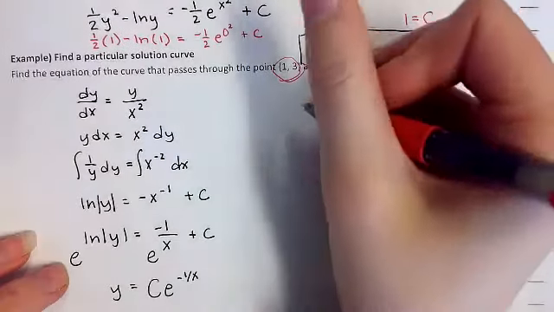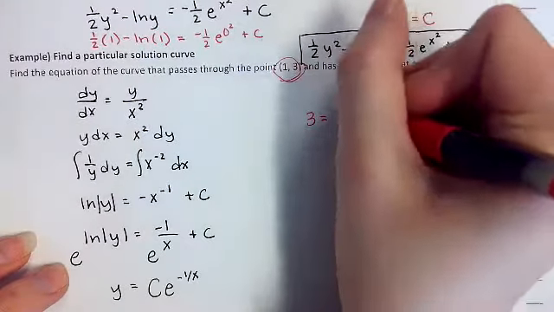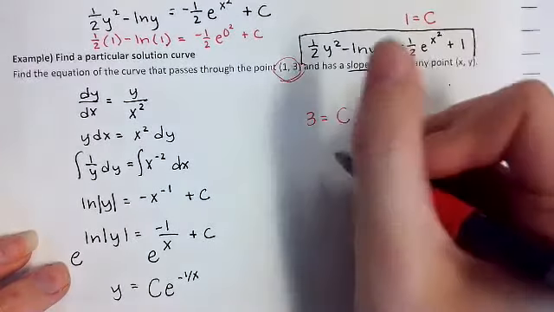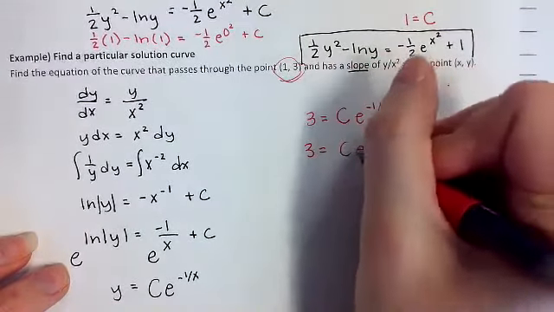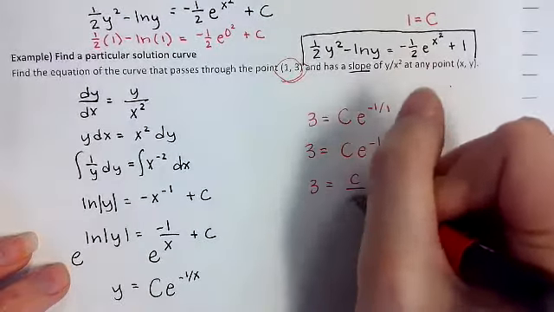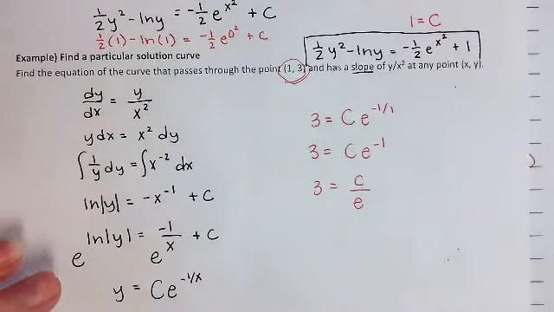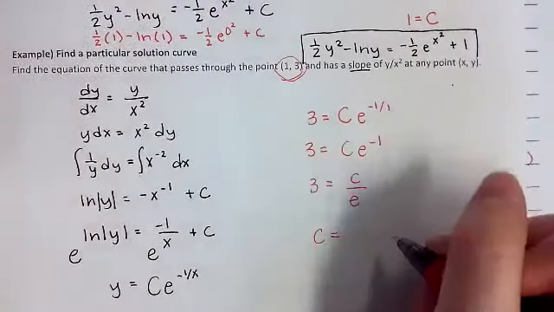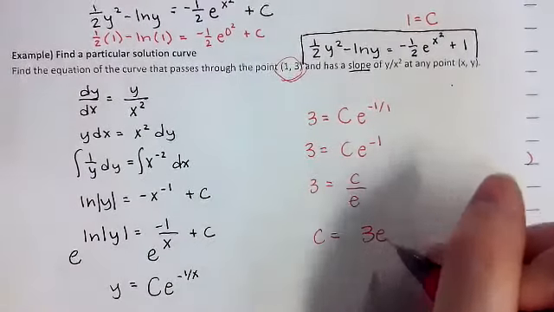So then it's 3 equals C e to the negative 1 over 1. Let's just write it as C over e since negative 1 is a negative exponent. So then what is C? C is going to be 3e.